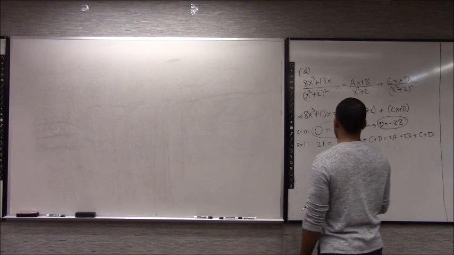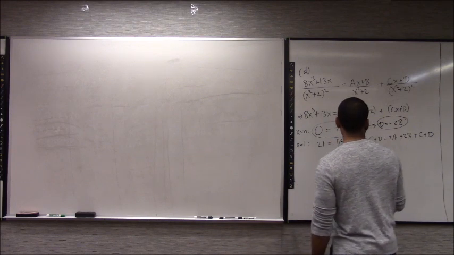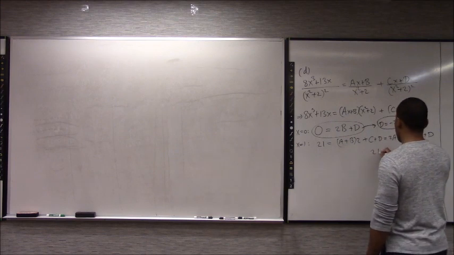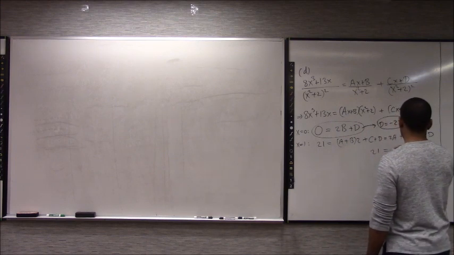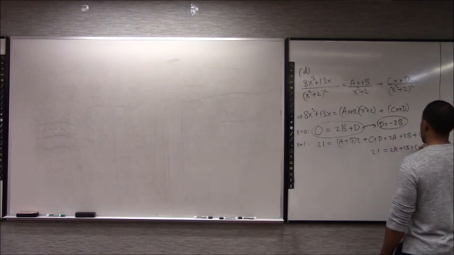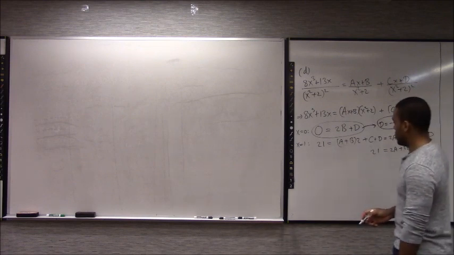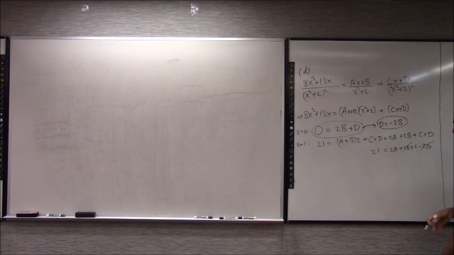Then what would you do? I switched the D to minus 2B. Okay, so 21 equals 2A plus 2B plus C, but D is minus 2B. So the 2A plus C equals 21.